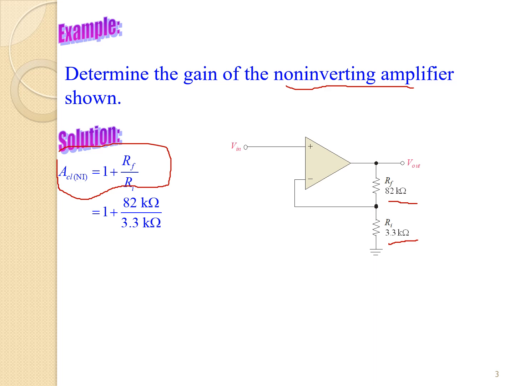Therefore, ACL is equal to 1 plus 82 kilohms over 3.3 kilohms, and ACL is equal to 25.8.